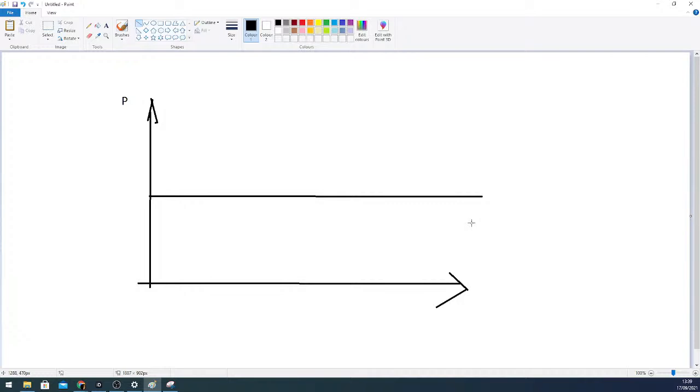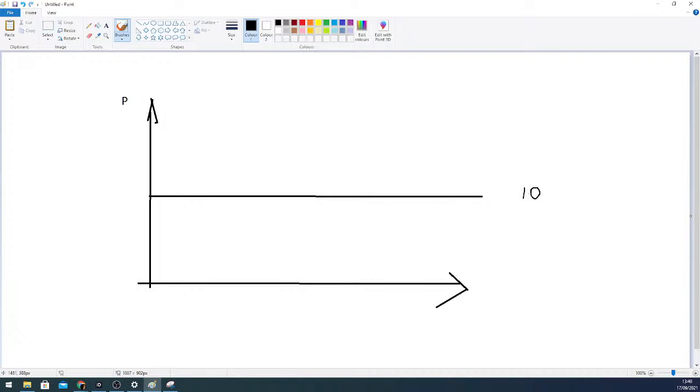And of course, the atmospheric pressure can fluctuate throughout the day, throughout the months, whatever. But let's say here in this example, it's constant pressure.